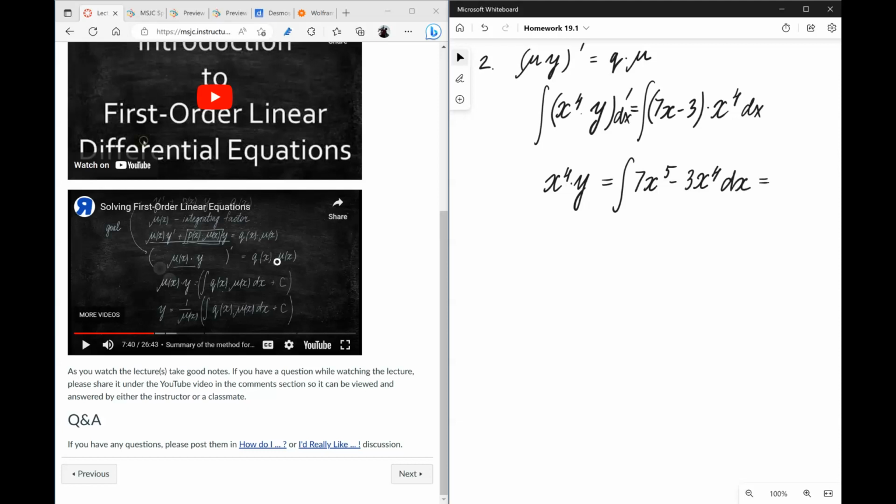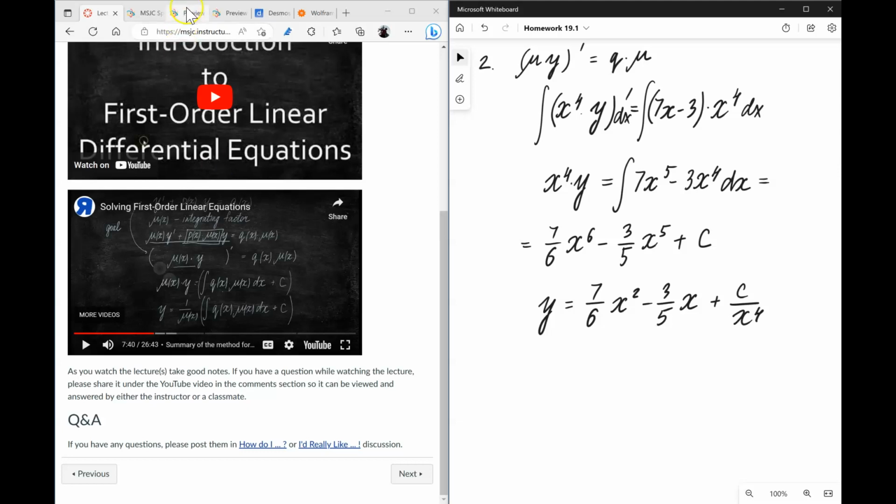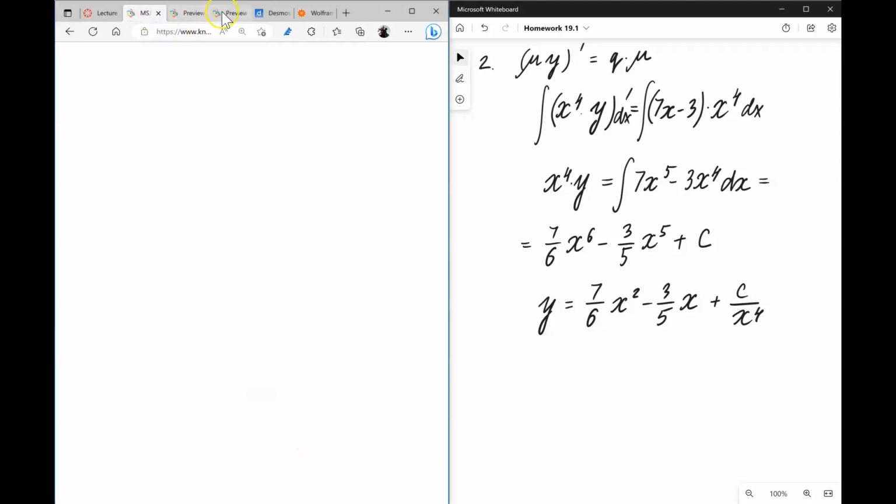So we can continue with this problem. So we have 6x to the power 6 minus 3/5 x to the power 5, and now we can put plus c over here. So finally, to isolate y, we divide everything by x to the 4, and that will be the final answer.